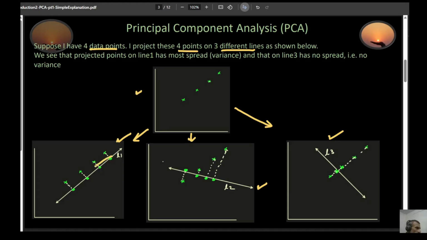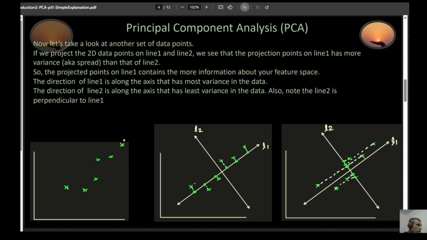You can see that the points are spread over a wide distance right here. On the other hand, when you project these 4 data points on line 2, your spread is a little bit lower. And when you project these 4 data points on line L3, all your points are projected over here. There is absolutely no spread. In other words, no variance.